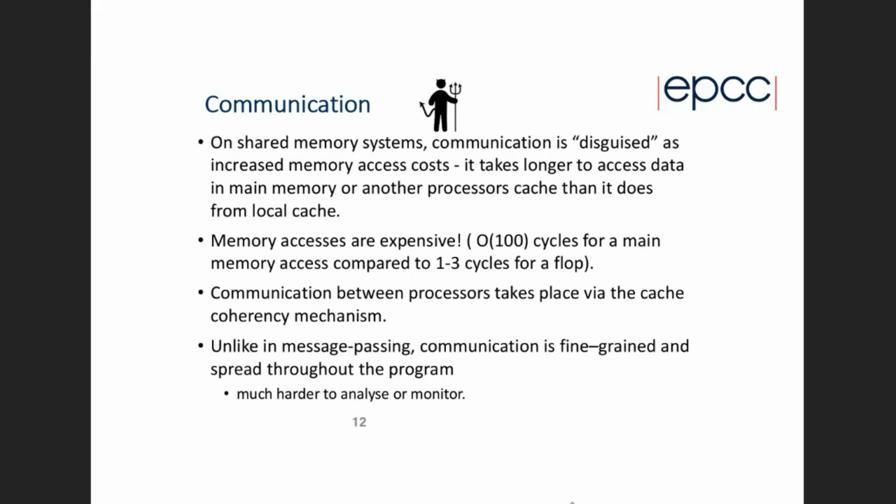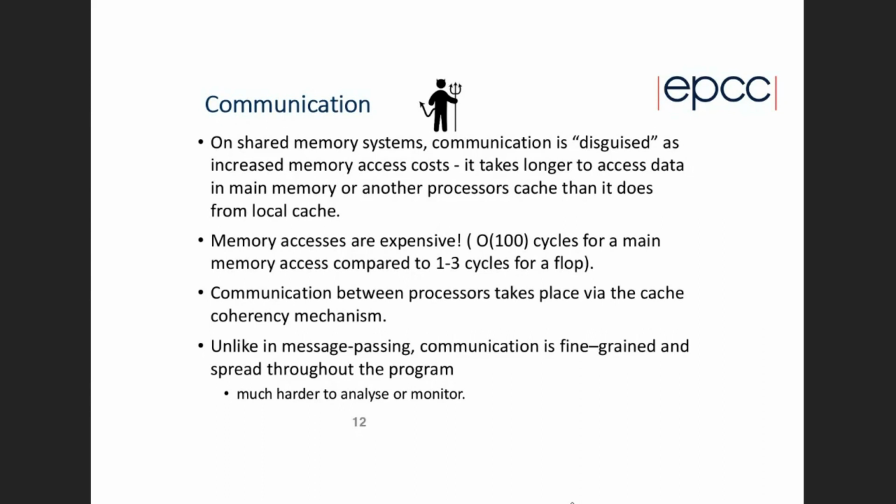The other problem that this fine-graininess causes is that it's much harder for tools to monitor it for you. It's reasonably straightforward for a performance analysis tool to intercept MPI messages and record everything that happened: when it was sent, when it was received, how much data you sent. So instrumenting message passing programs is relatively straightforward.